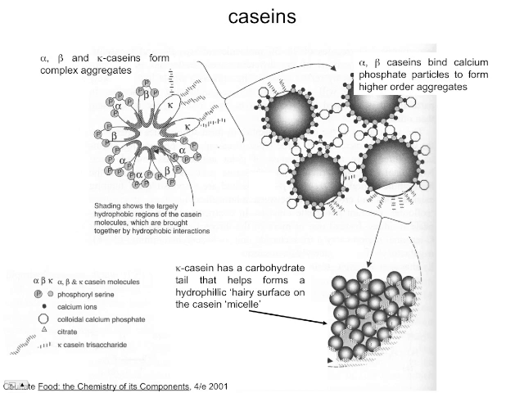So we have complex aggregates of the alpha, beta, and kappa caseins, and we see that here. And we see how those proteins might aggregate into large micelles with the oily or hydrophobic parts of the molecule all interacting with each other on the interior, and the hydrophilic or water-loving portions of the molecule exposed to the surface.